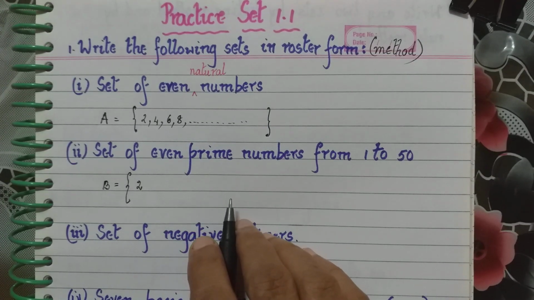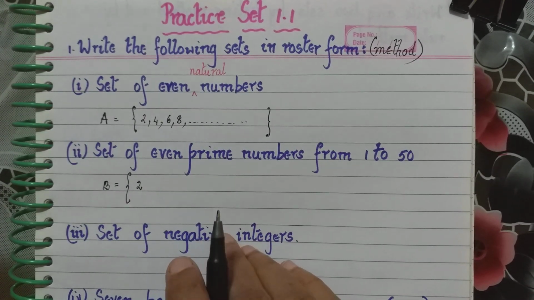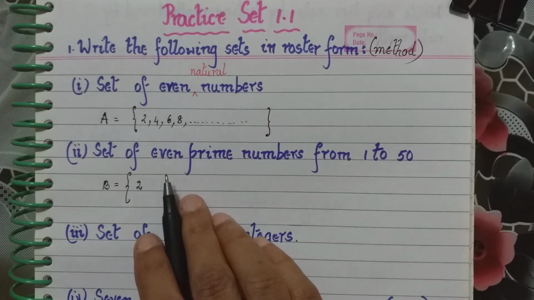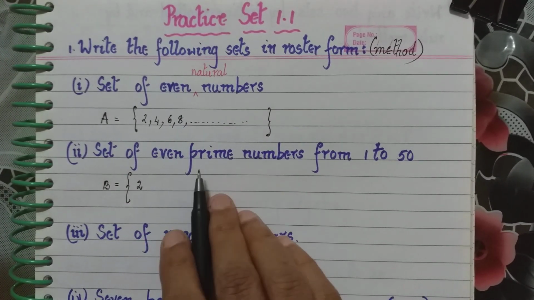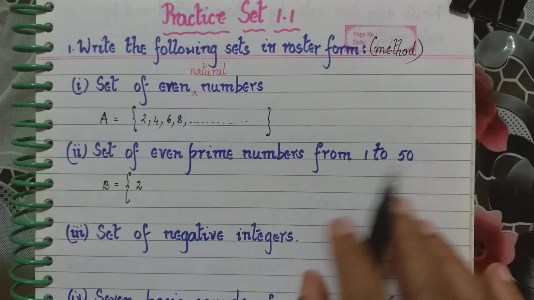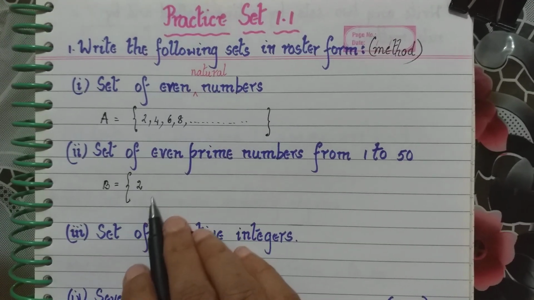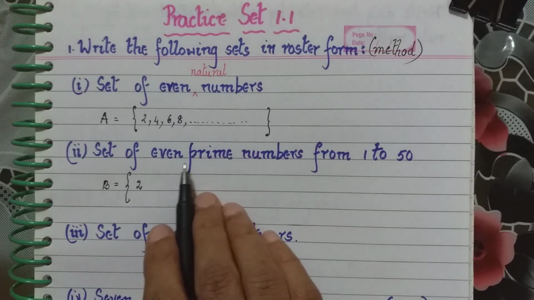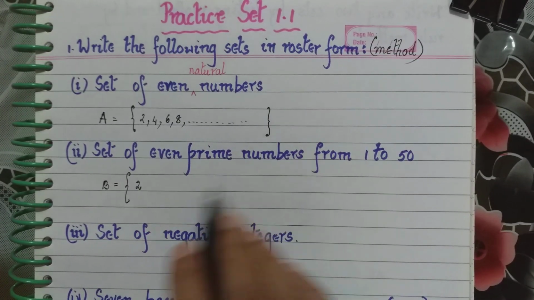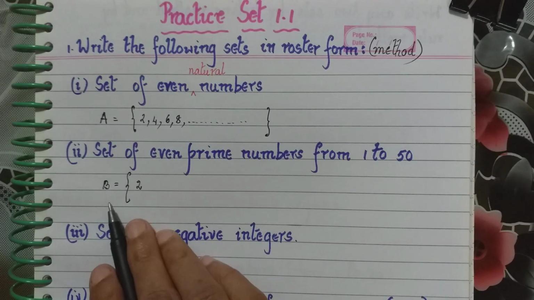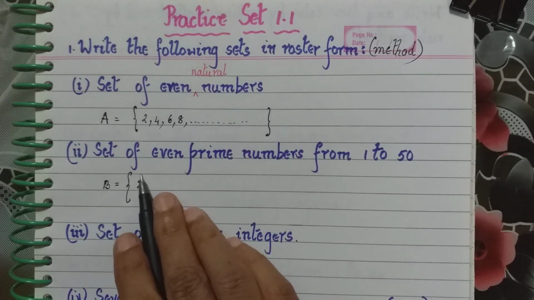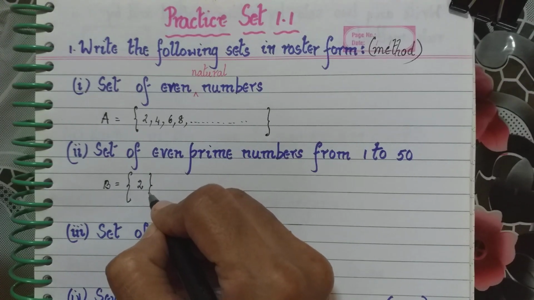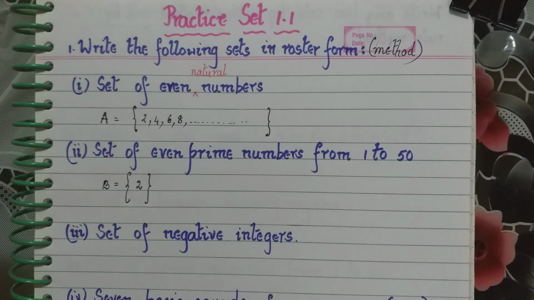But if you try to list each of them, none of them are prime numbers. So, the set of even prime numbers from 1 to 50 will be only this number, that is 2. Or in other words, there is only one even prime number, that is 2. So, this set will contain just one element, that is 2. So, we can close the bracket here.